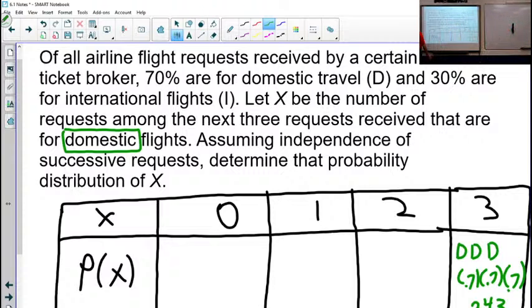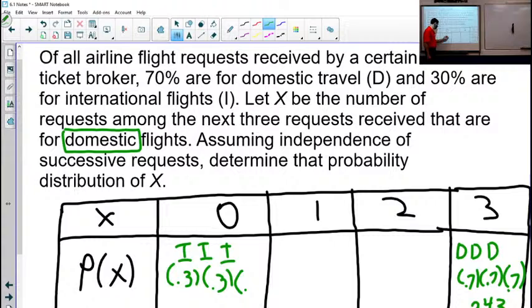For 0, that means the opposite. I need all three to be international. International, international, international. So that means I need the first one to be international. And, multiply, I need the second one to be international.